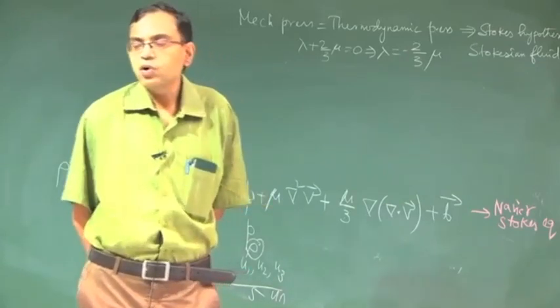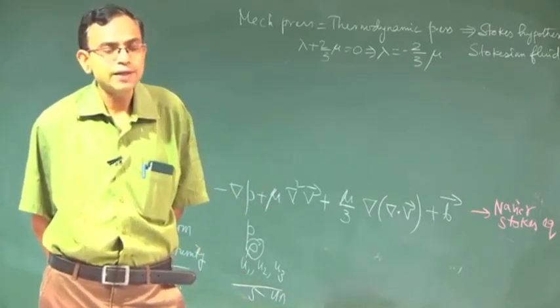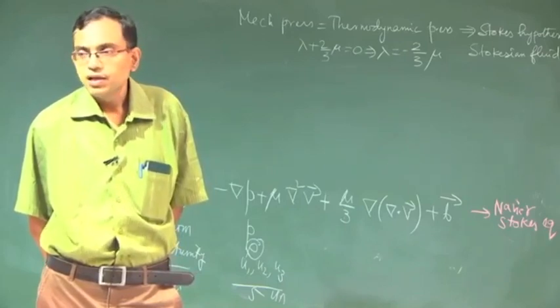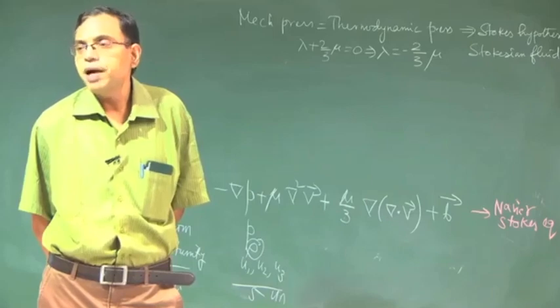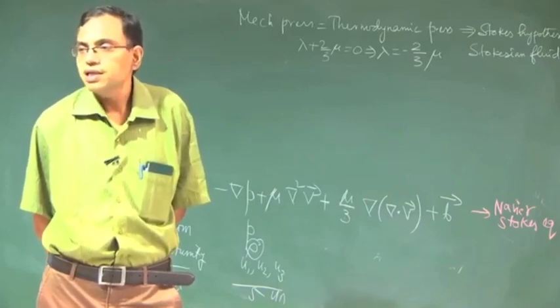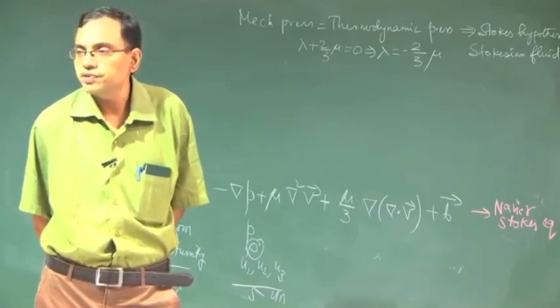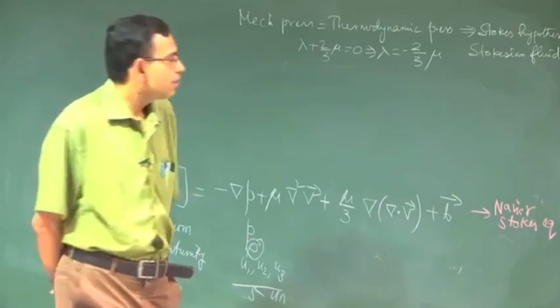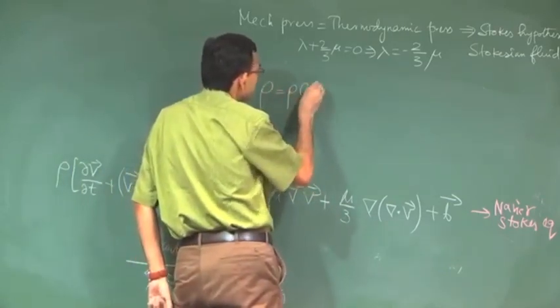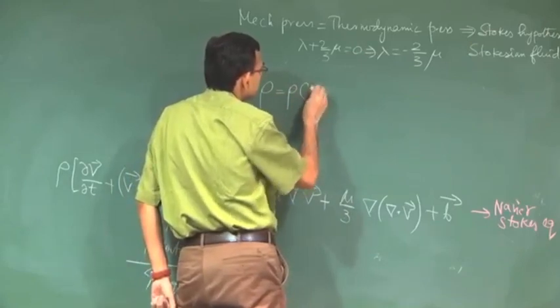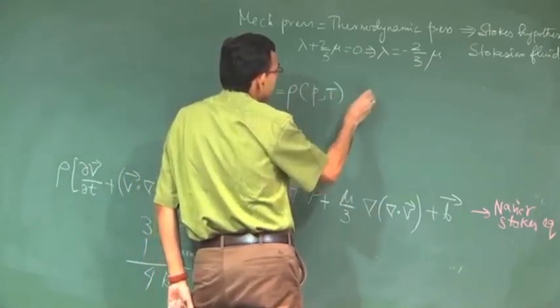So if rho is a function of pressure and temperature, then that is essentially the equation of state, like P by rho equal to RT is the ideal gas equation of state. Similarly, for any other substance you have rho as a function of P and T, this is the equation of state.